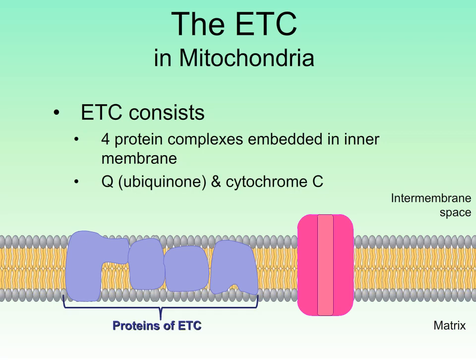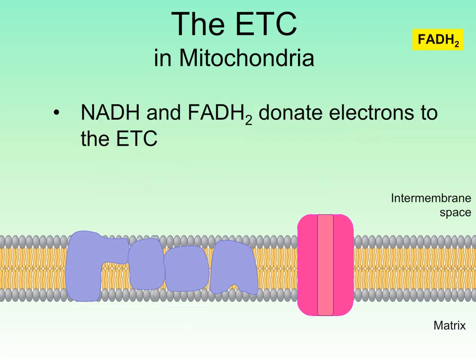They contain enzymes that are able to catalyze redox reactions. In addition, the molecules ubiquinone and cytochrome C assist the 4 protein complexes. NADH and FADH2 donate their electrons to the ETC. FAD and NAD are recycled as they can pick up more electrons in glycolysis, pyruvate processing, and the citric acid cycle.